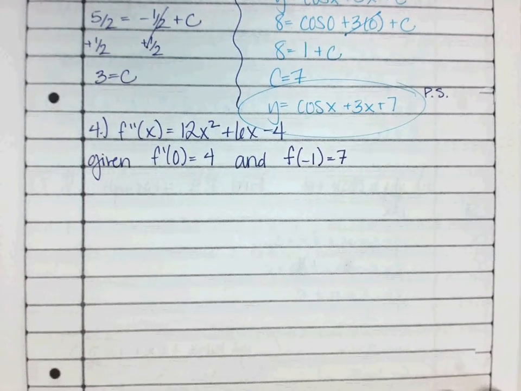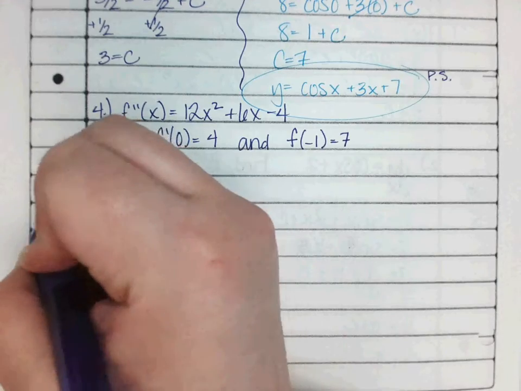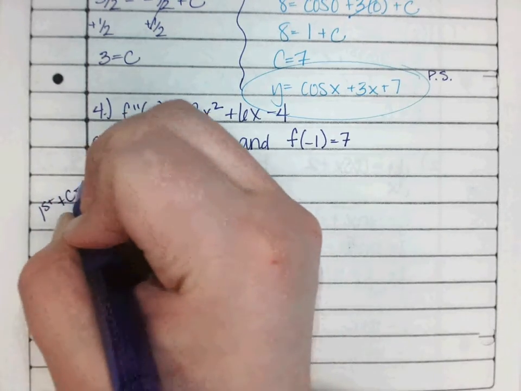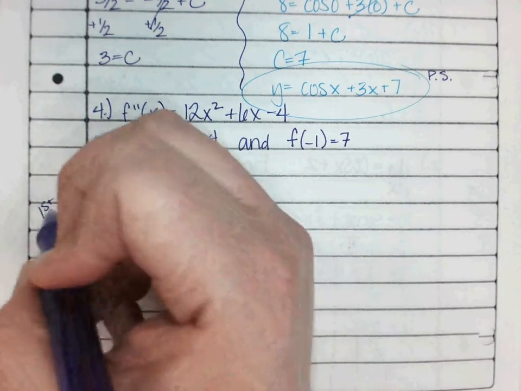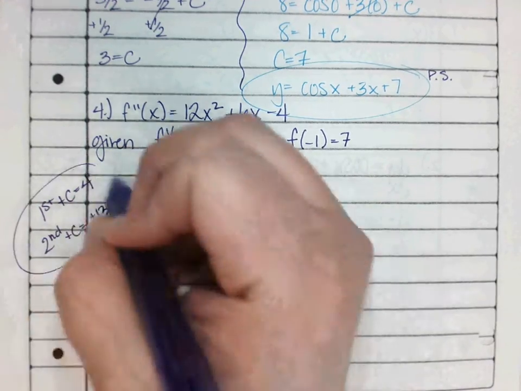Now, I'm going to tell you the answers up front, but you're going to do it on your own while I pass out your semester exam reviews. Your first plus c should be a 4. Your second plus c should be a 13.